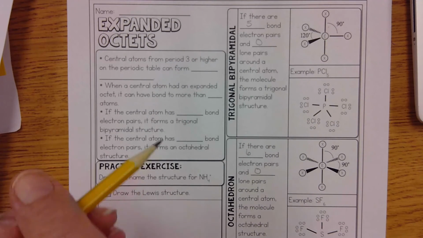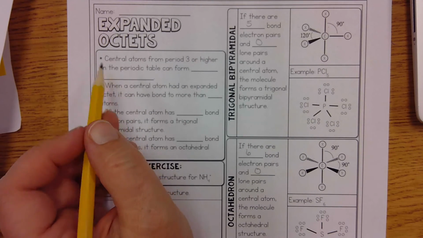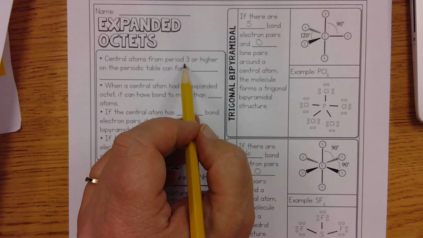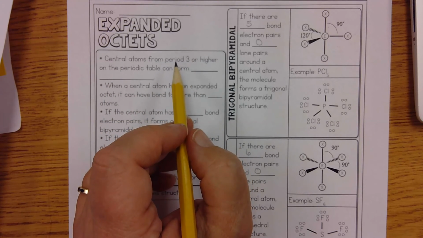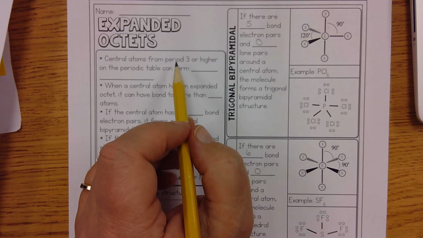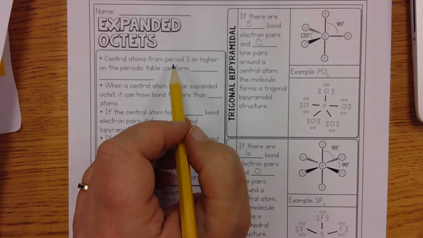Let's talk about expanded octets here for a minute. Central atoms from period 3 or higher. So periods are the rows, right? So we're talking like potassium, cesium, francium, those transition metals.